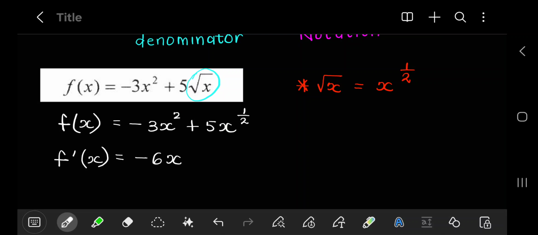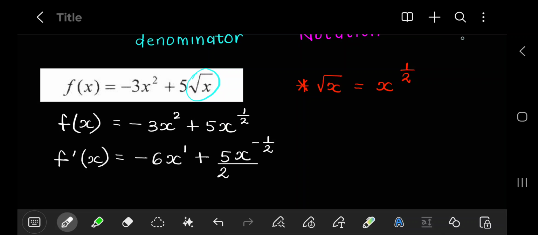And you minus 1 from the exponent. 2 minus 1 is 1. We're going to do the same thing for the second term. Exponent multiplies with the coefficient. 1 over 2 times 5 would be 5 over 2. And we minus 1 from the exponent. So a half minus 1 is negative a half.